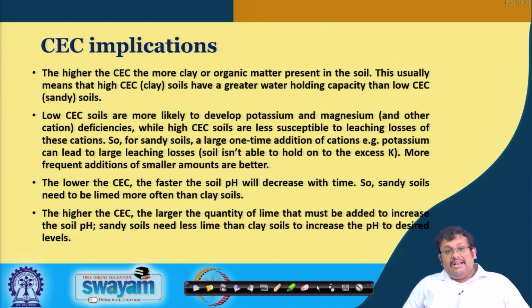In other words, again, the higher the CEC, the more clay and organic matter, because the CEC in the soil is basically contributed by either clay mineral or the organic matter. So, obviously, when a soil has more CEC, it is understood that the soil has more clay as well as organic matter.